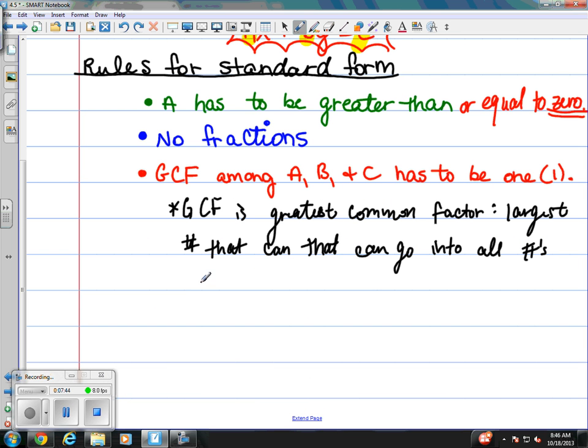And the word evenly here is key. So GCF is our greatest common factor, and it's the largest number that can go into all numbers evenly.